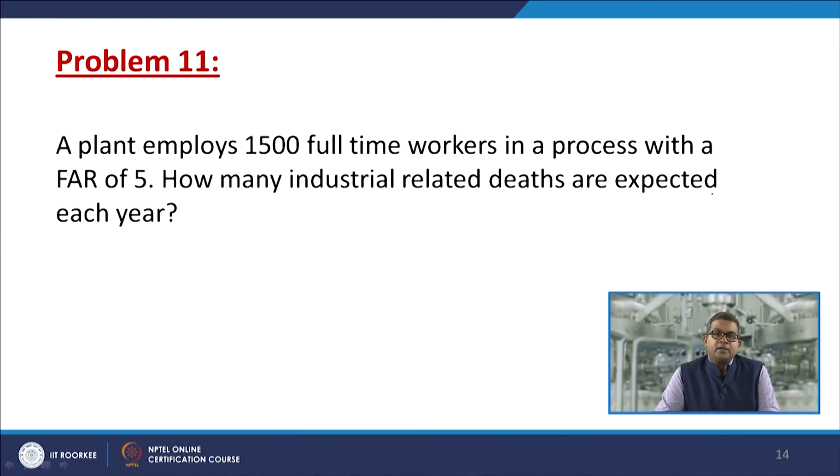Let us see the other problem, problem number 11. A plant employs 1500 full-time workers in a process having an FAR of 5. How many industrial related deaths are expected each year? It is quite a simple problem because we have the general formula: FAR is equal to number of fatalities into 10 to the power 8 divided by the total hours.